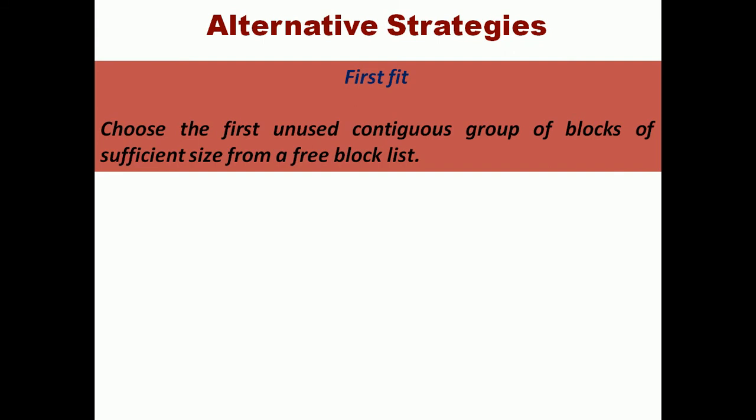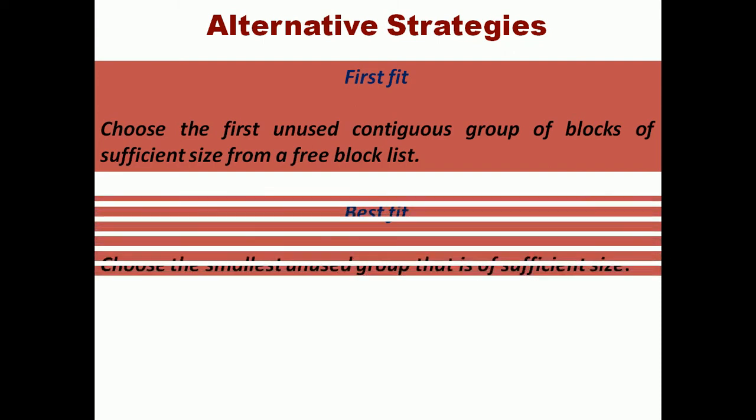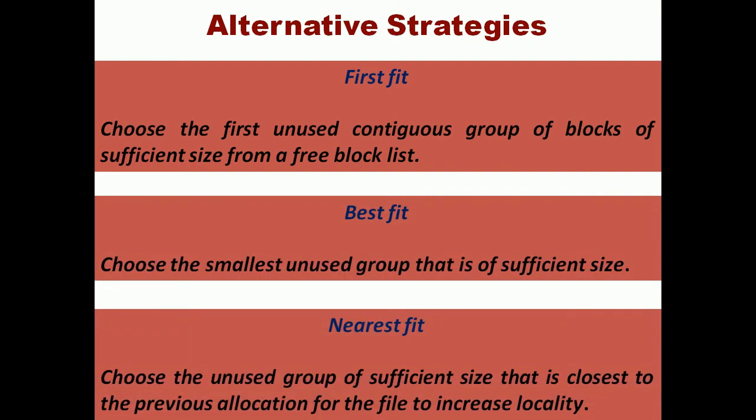To optimally use the variable allocation scheme, we go for certain strategies which we have seen already in the memory allocation schemes. One is called first fit, the second one is best fit, and the next one is nearest fit. The first fit chooses the first unused contiguous group of blocks of sufficient size from a free block list.